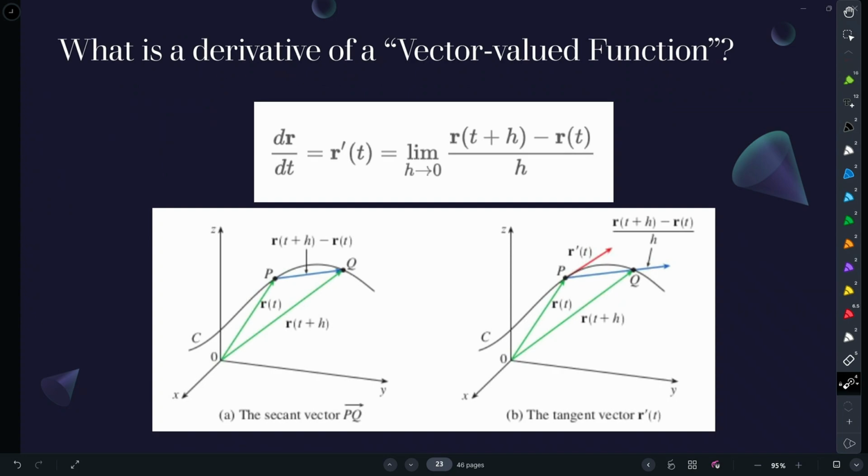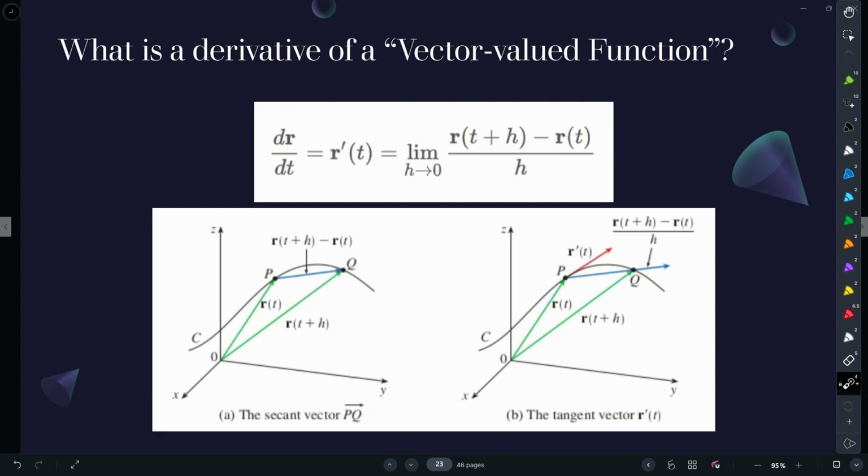What does it mean, a derivative of a vector valued function? Well, it's just the same thing we've done before. If I have a vector valued function, r of t is this value, and t plus h is this value, and as h goes to 0, the difference of the two values will be like this.